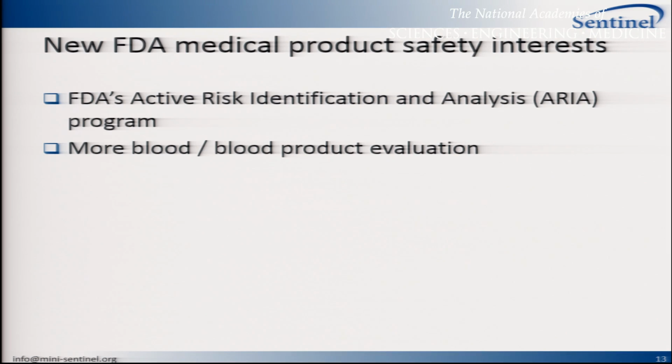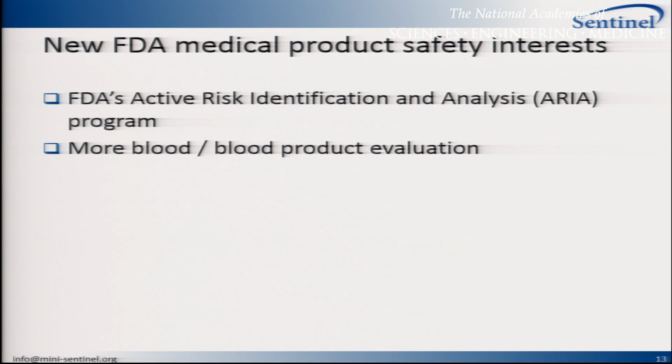Now, there's this ongoing stream of work. The things that are in FDA's sights and therefore in our sights now are these. One, to really integrate Sentinel into the regulatory decision-making that they call Active Risk Identification and Analysis, or ARIA. And that's mostly in the Center for Drugs.